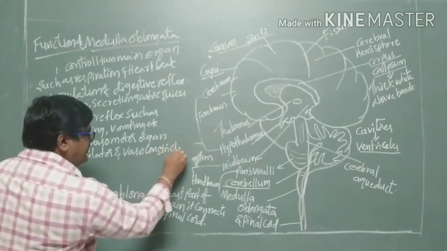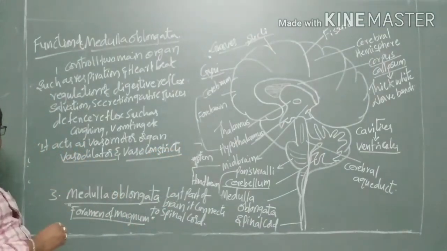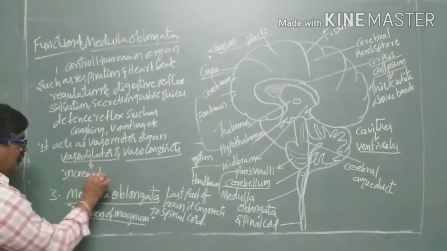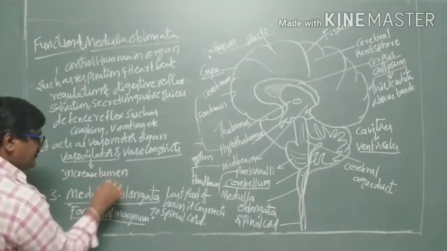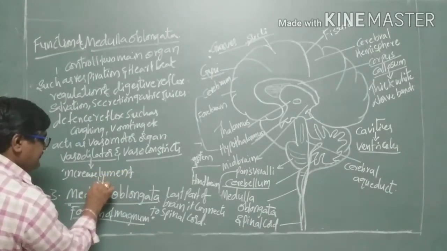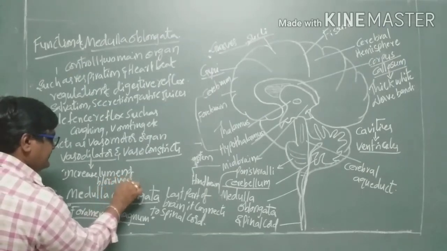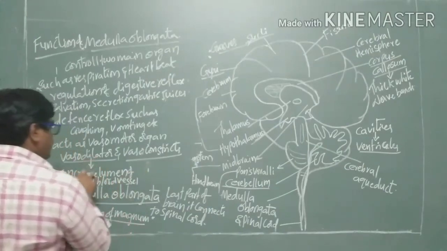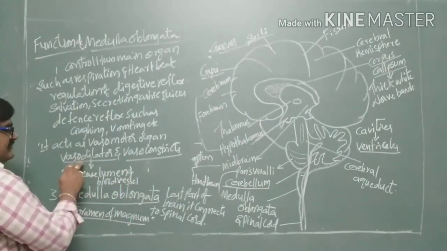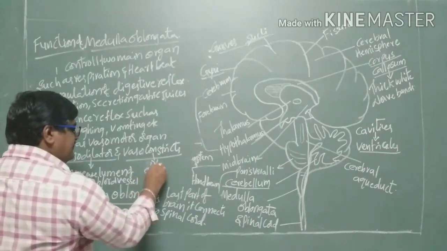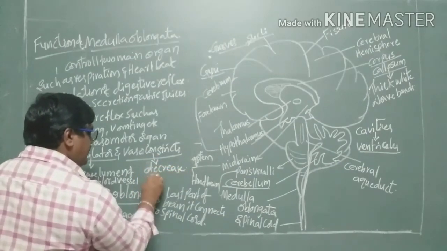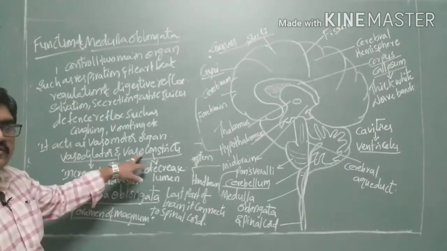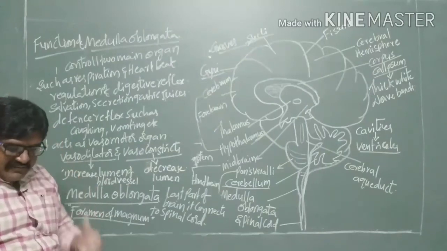Vasodilation means increasing the lumen of the blood vessels, and vasoconstriction means decreasing the lumen of the blood vessels. So an increase in the lumen of blood vessels is called vasodilation, and a decrease in the lumen of blood vessels is called vasoconstriction.